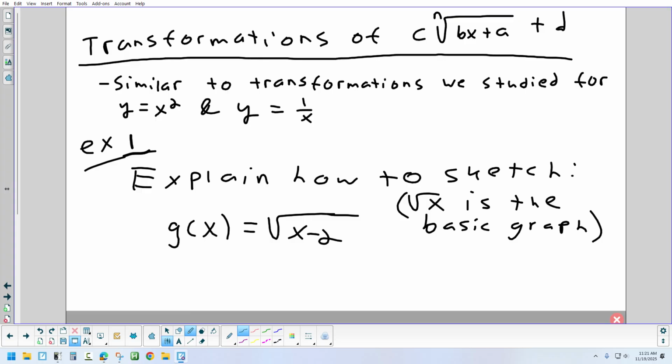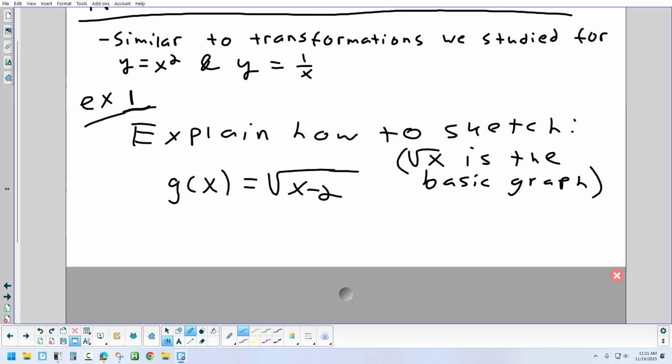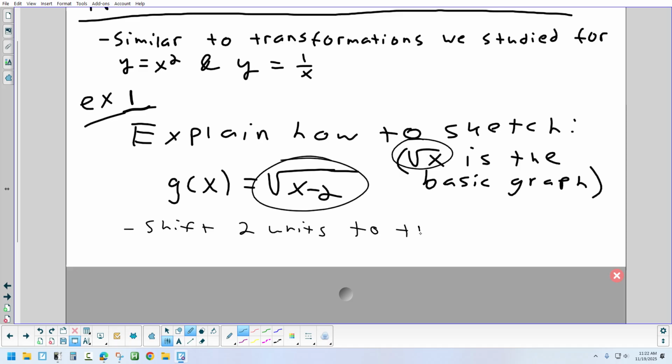All right, so we're comparing the square root of x to the square root of x minus 2. What would you have to do to this graph to turn it into that graph? Yep. Horizontal shift right 2. So this would be a shift 2 units to the right.